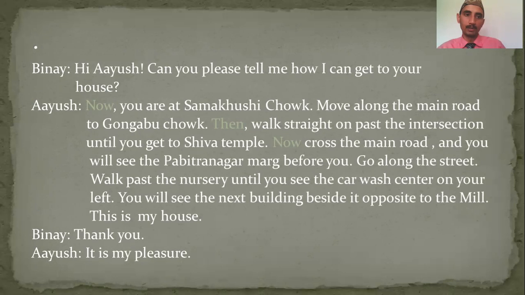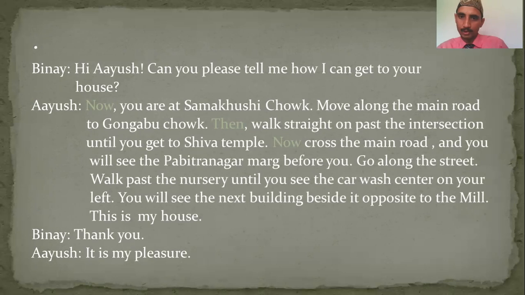Remember, the opening of a dialogue is with a greeting: hi, hello, good morning, excuse me. This kind of word will be there. And second, there should be the question: Can you please tell me how I can get to your house? Then Ayush, this is the answer. This one is bigger. Your answer means direction.